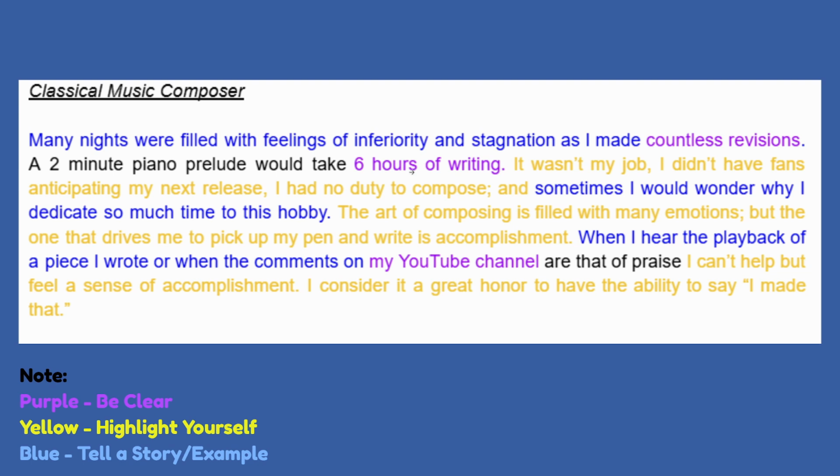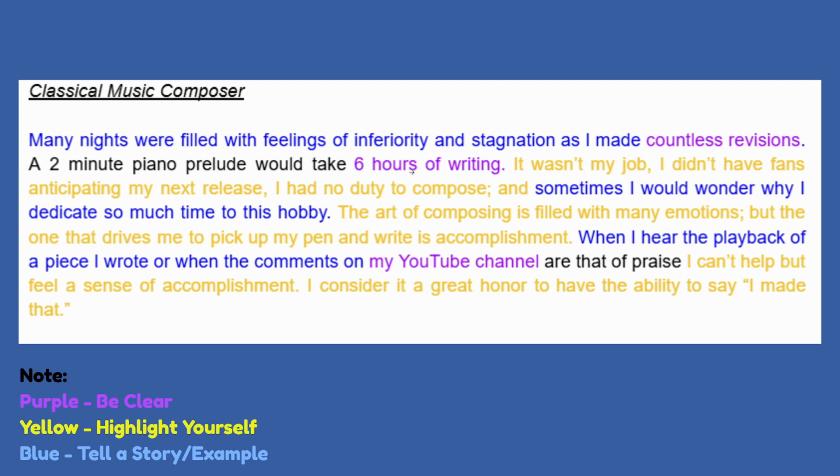And now the reader may think, oh wow, 6 hours to write 2 minutes of music. That's a lot of writing, and that kind of reaction wouldn't occur if the reader isn't able to fully grasp the scale of what we're doing. And I did that by using numbers, letting them know it takes me 6 hours to write 2 minutes.